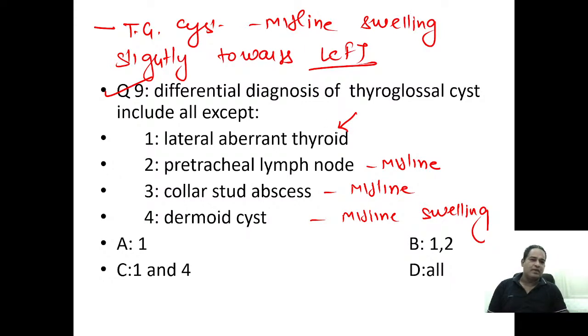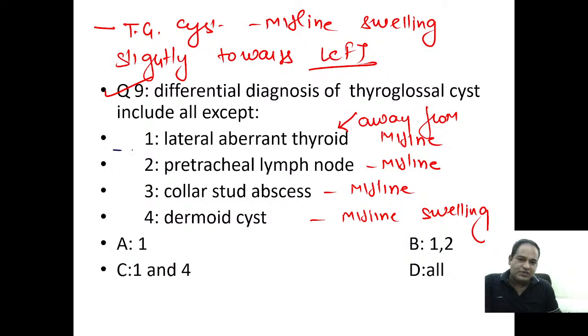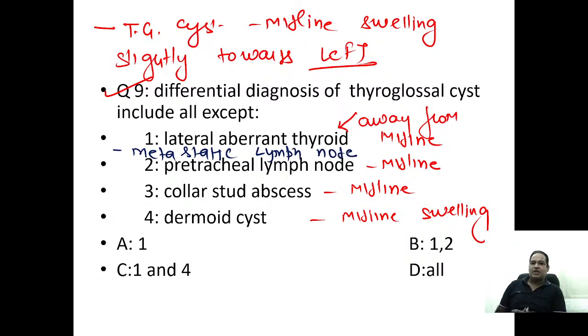Only this swelling is present away from midline. Why is it present away from midline? Because lateral aberrant thyroid is just a metastatic lymph node.